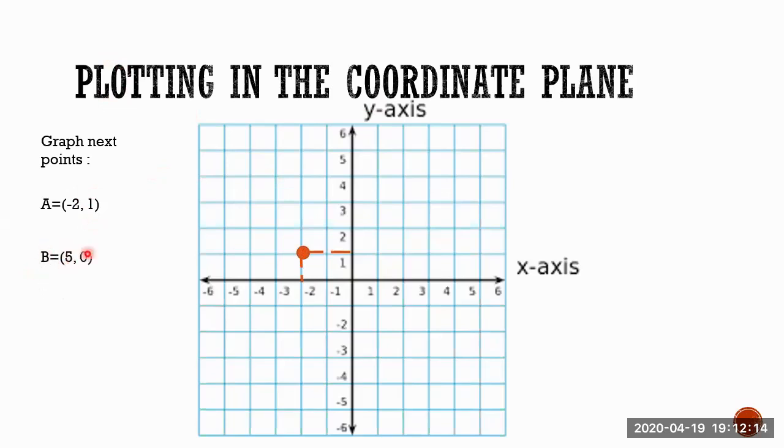What about 5, 0? This is more interesting because 0 doesn't tell you anything. What happened with that point? 5 in the x. So here, and 0 in the y. So you don't have to make any movement in the y. So practically the point stays there, and that's why you plot 5, 0 like that.